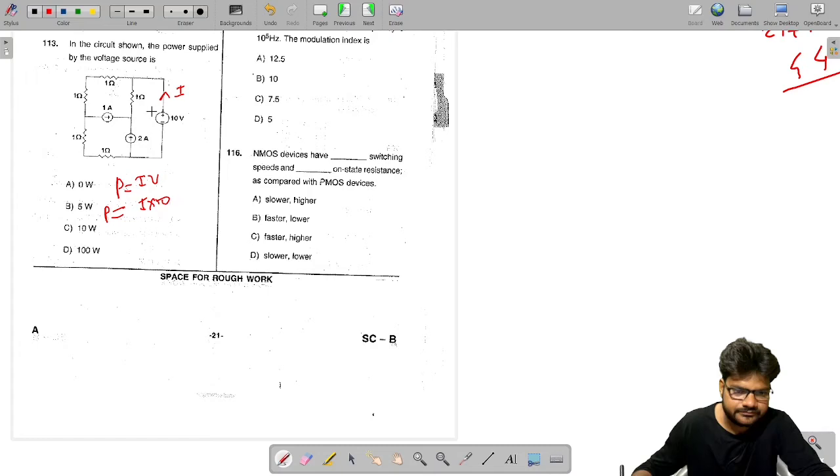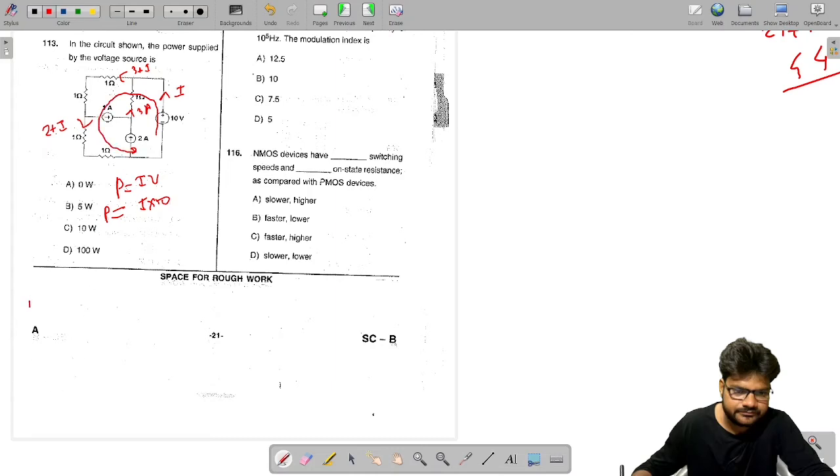To find it out, 1 ampere is coming here and 2 ampere is coming here, so 3 ampere will be coming from this, and with I, 3 plus I will be going here. Then 1 will come in this branch, and this current will be 2 plus I. Now let us apply KVL in this branch.